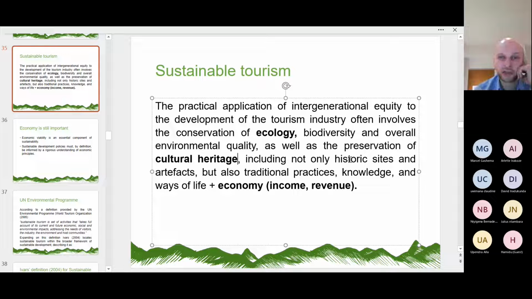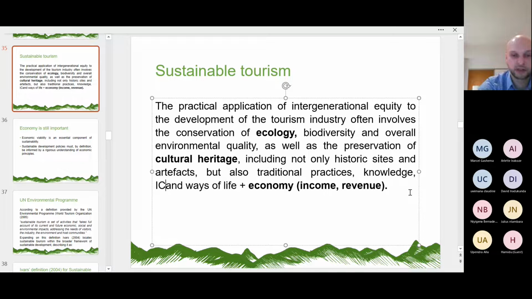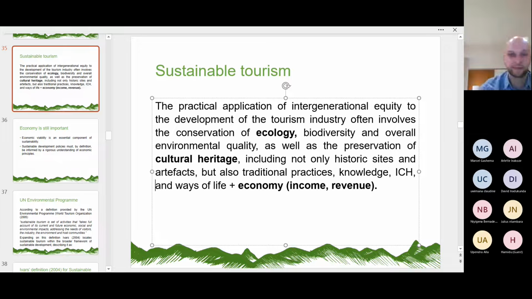So it's not only historic sites and artifacts, but also traditional practices, knowledges, which is called intangible cultural heritage, or simply ICH. And the last one is economy.